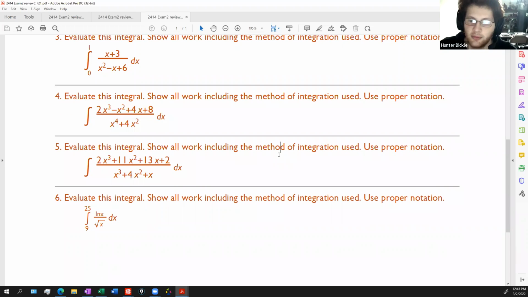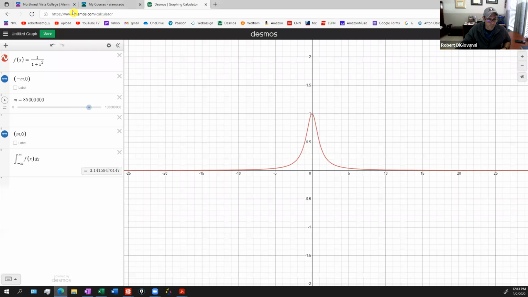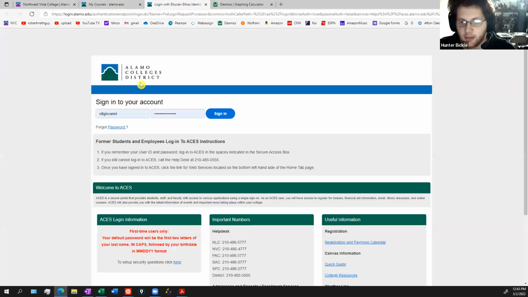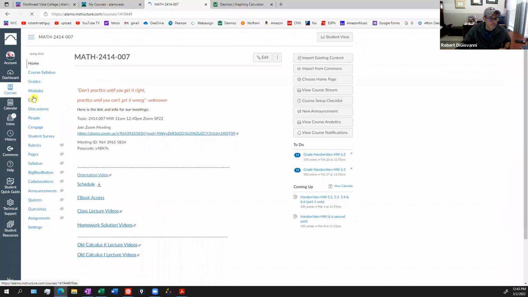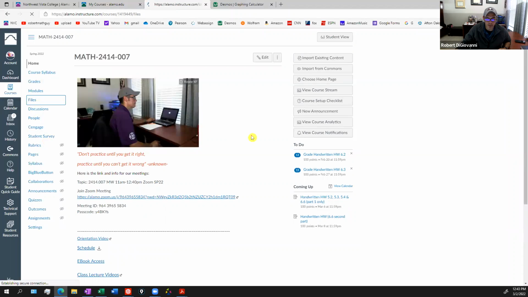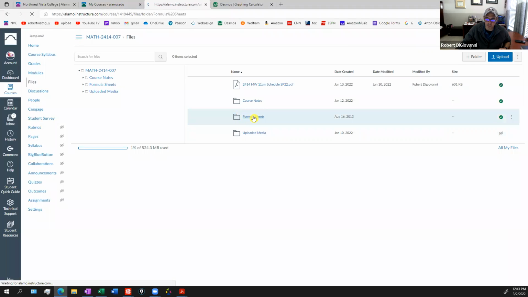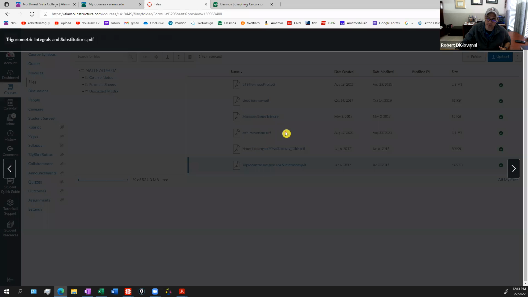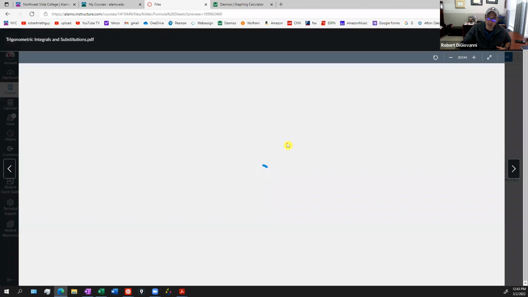There was a piece you had that we were allowed to print out to take onto the exam, right? Yes. You have to be careful, because what I provide you, you need to make sure you understand, on the trig integrals sheet that I'm allowing you to have on the test.